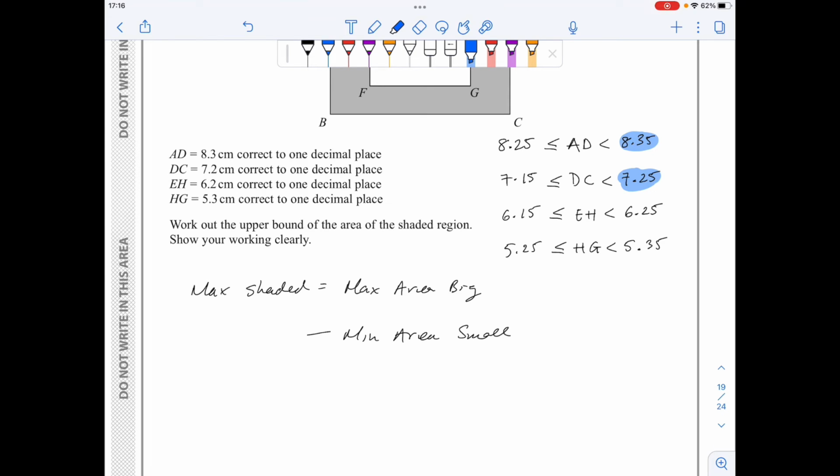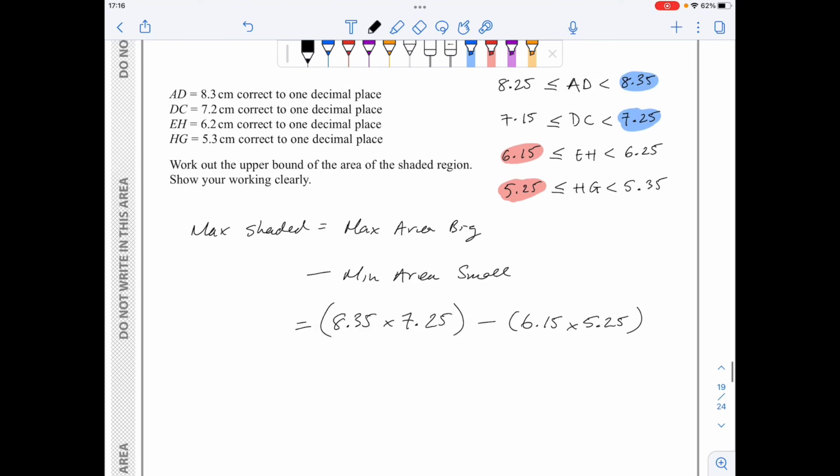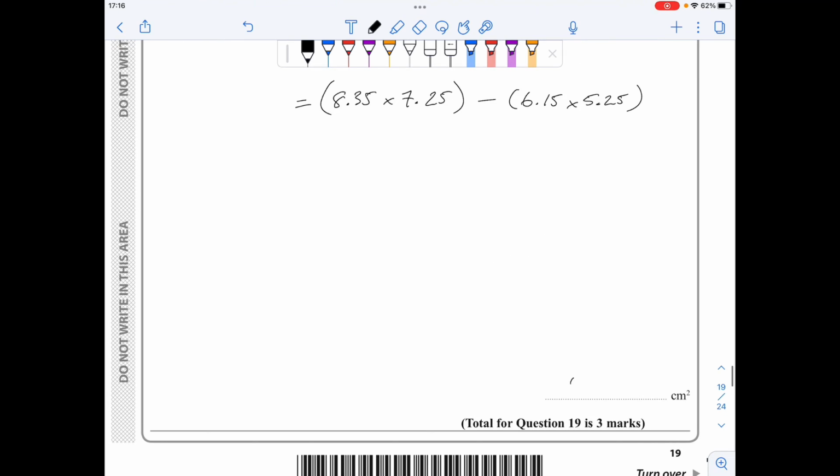And to get the minimum area of the small rectangle, I'll take the smallest possible dimensions of the small rectangle. So I get 8.35 times 7.25 minus 6.15 times 5.25. And if you put this on the calculator, you will get 28.25.